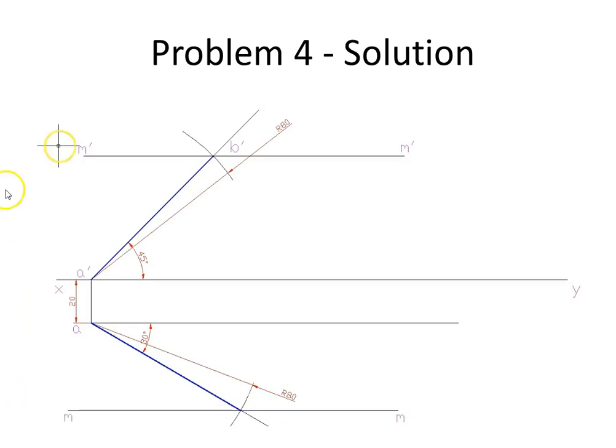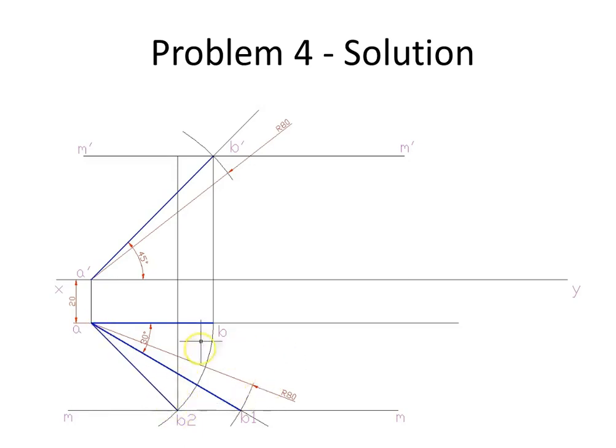And you could also see that the projectors M dash, M dash and MM are marked once you get the endpoints B dash and B. And now the top view AB is drawn by taking the true length, that is projecting the true length A dash B dash onto the top view, and we rotate AB so that it cuts the locus at B2.